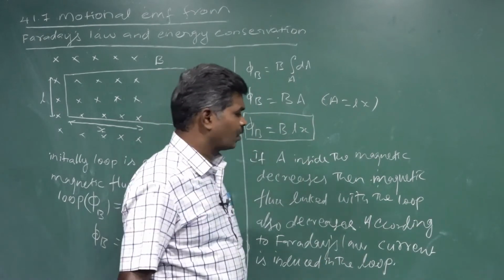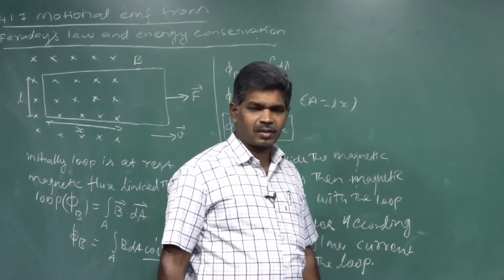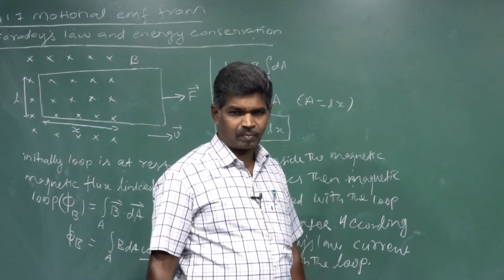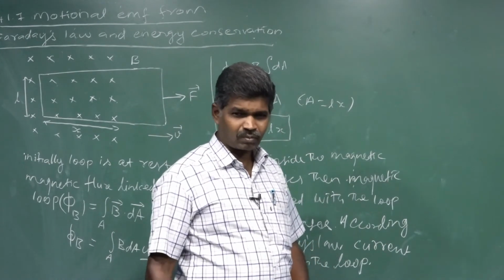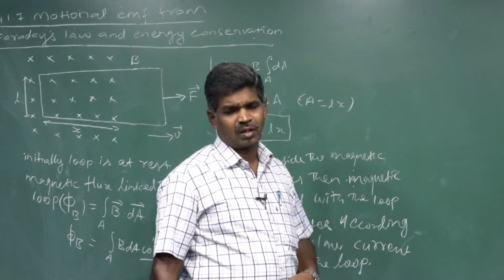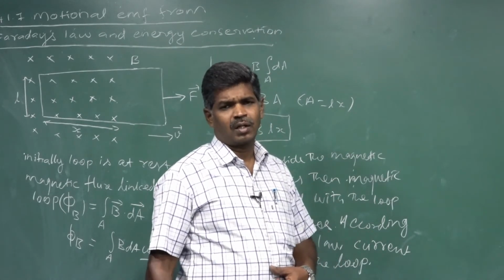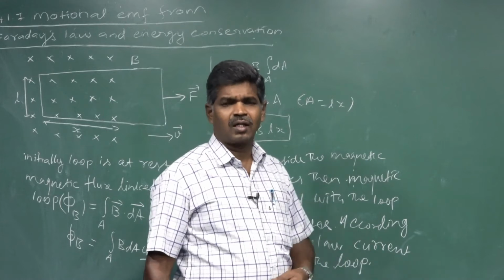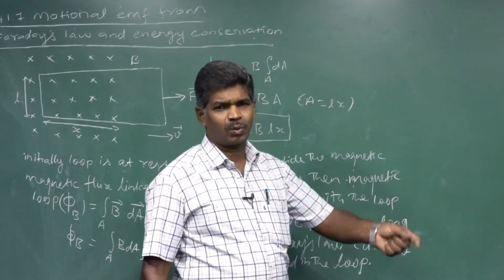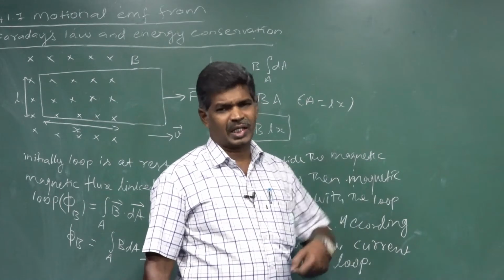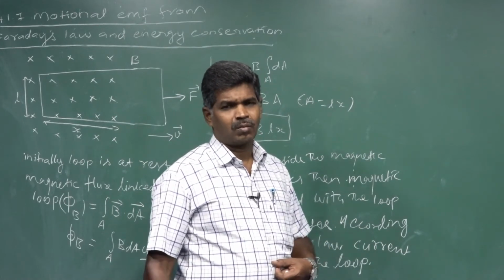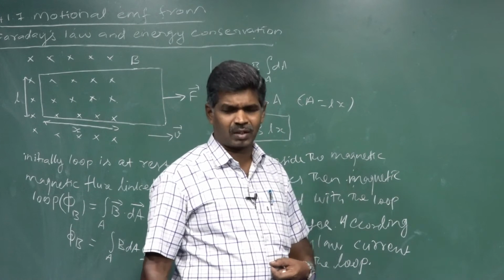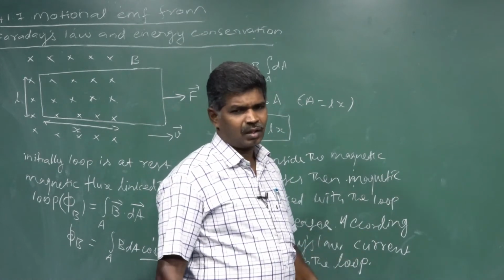The idea of Faraday's law is that whenever there is a change in magnetic flux linked with the coil or loop, EMF is induced. That induced EMF can produce an induced current that flows. So in what direction does the induced current flow? In the direction opposing the movement of the loop, the current is induced.